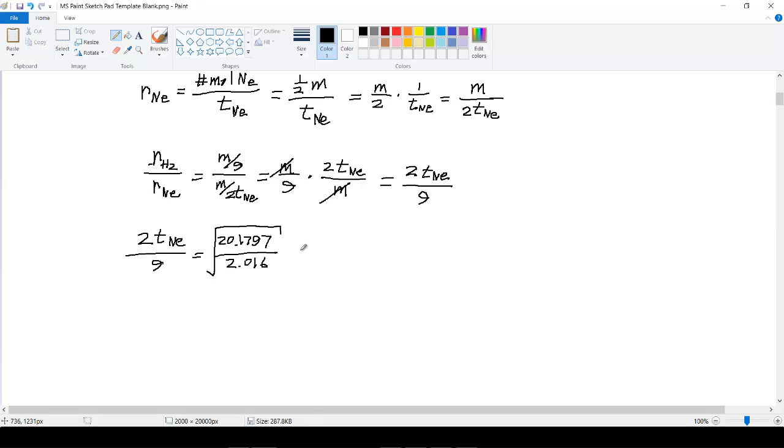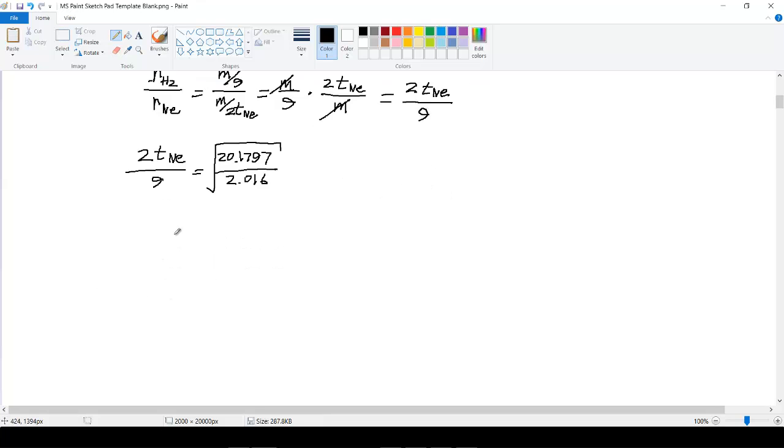So let's go ahead and solve for the time. That will equal 9 over 2 times this big square root here.